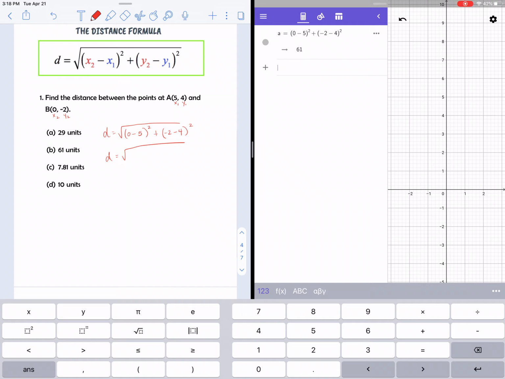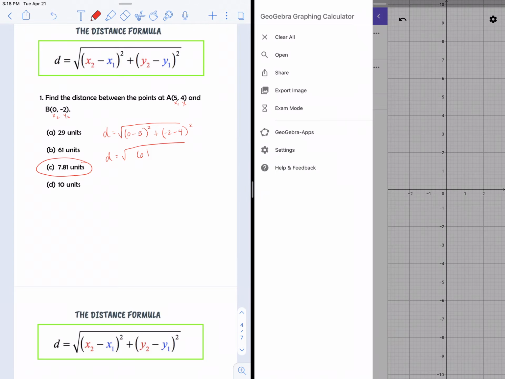So underneath the radical is 61. However, we didn't take the square root yet. So this multiple choice is being tricky by putting 61 as one of the choices. When I take the square root of 61, I get the 7.81 number. So it didn't say it around, which is trying to trick you a little.